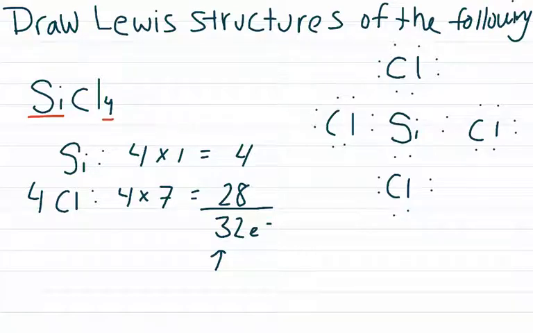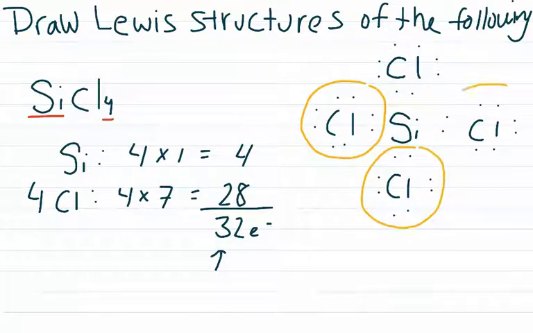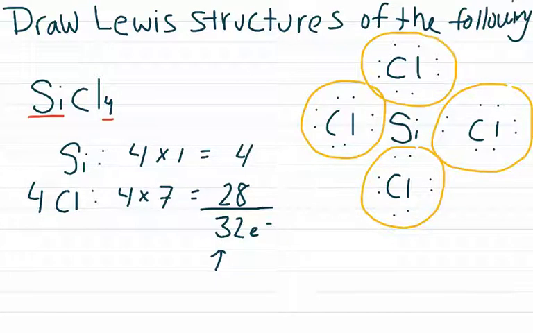Since they share them, this chlorine has 8 right here, and this chlorine has 8 right here, and this one has 8, and this one has 8, and silicon in the middle also has 8. So this is a good Lewis structure of silicon tetrachloride.